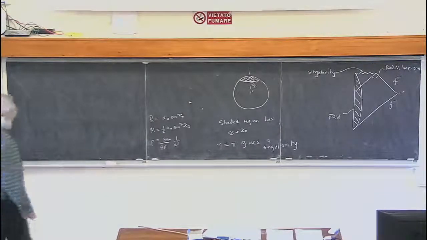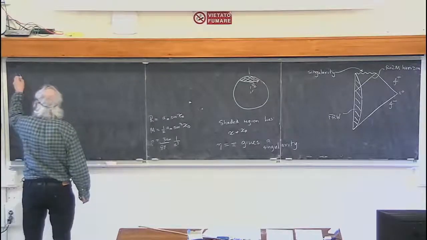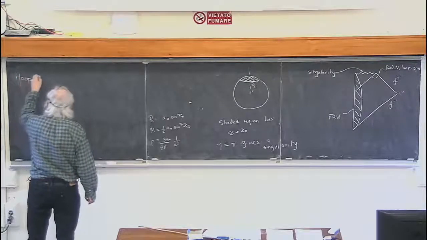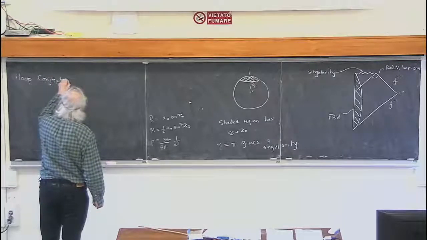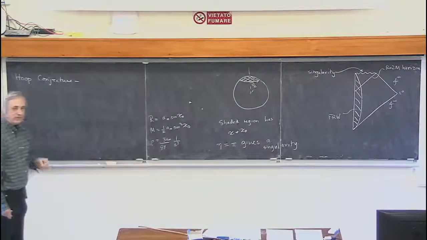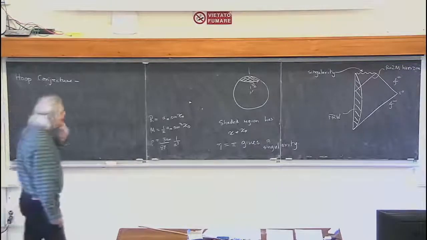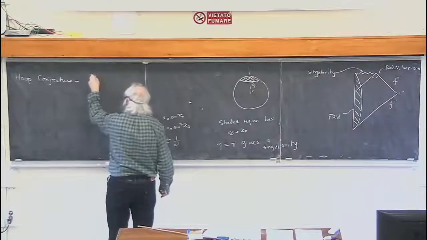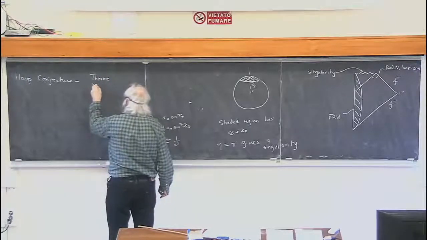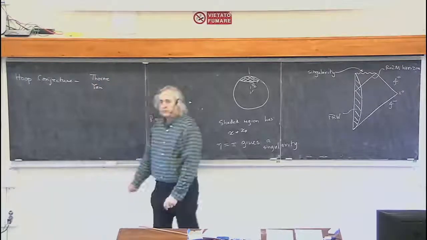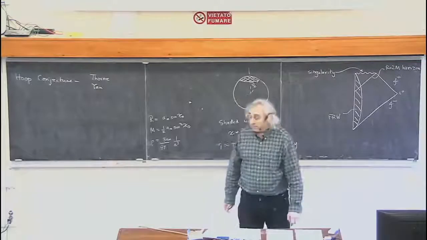That's sometimes called the hoop conjecture. It has been proved under a wide range of circumstances, but not absolutely universally. The conjecture was made by Thorne, I guess back in the 1960s. There is a proof, more or less a complete proof, by Yau.